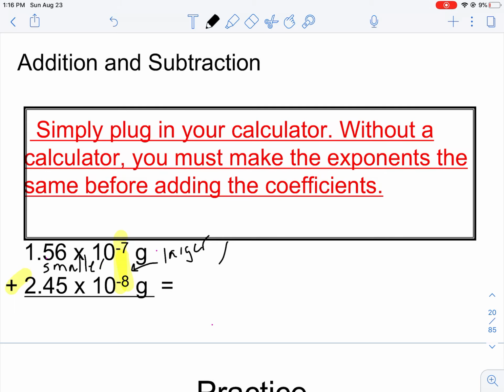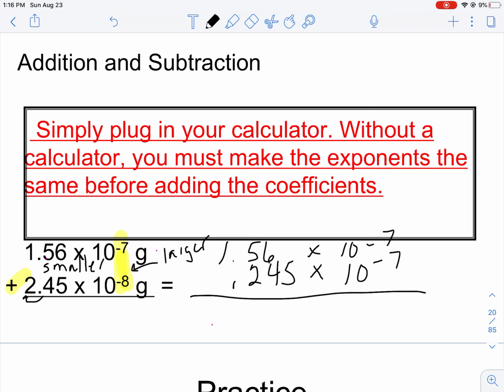So I've got 1.56 times 10 to the negative 7. And then I've got 0.2, because I'm making this smaller. To make it smaller, I've got to move it to the left, right? So I've got 0.245 times, I'm making my exponent bigger, right? So times 10 to the negative 7.